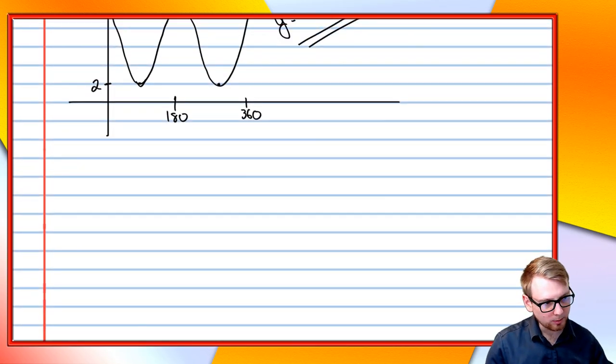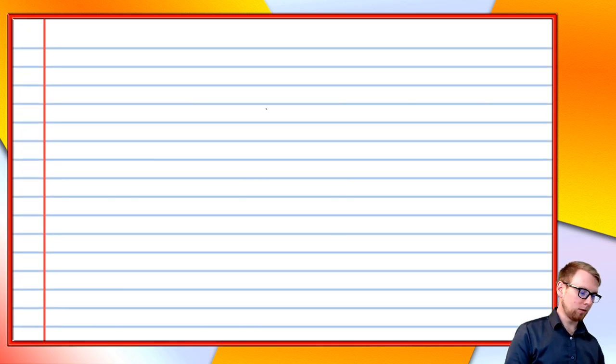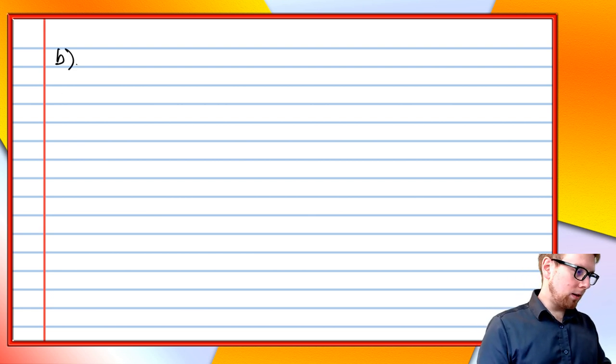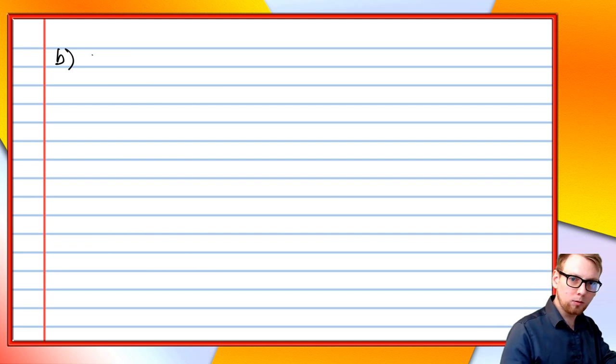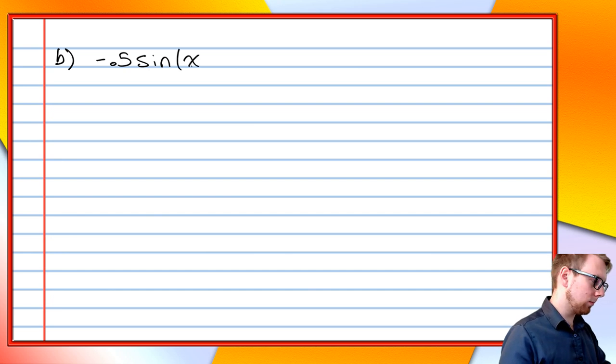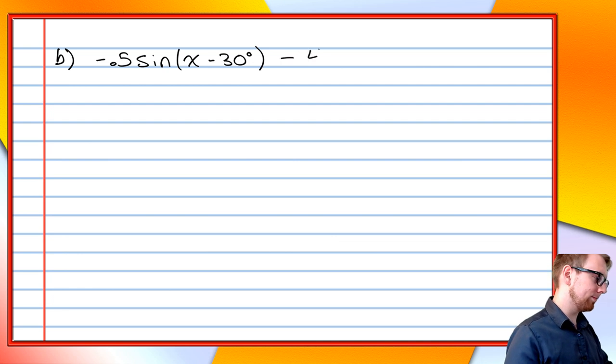I'll do that. So for B, we have negative 0.5 sine of (x minus 30 degrees) minus 4.